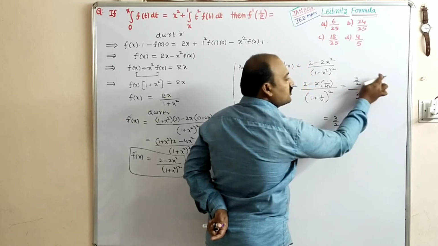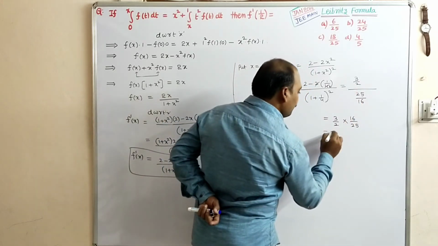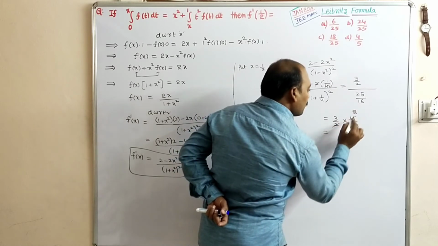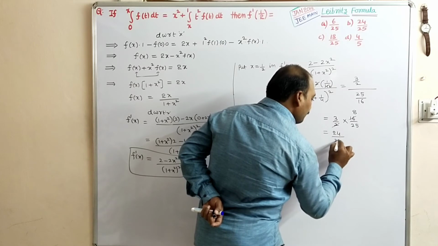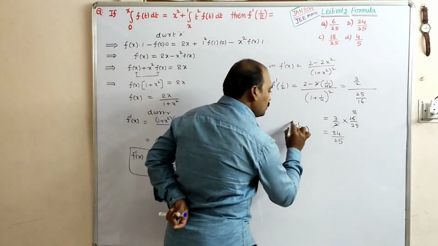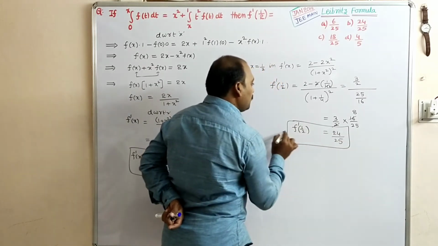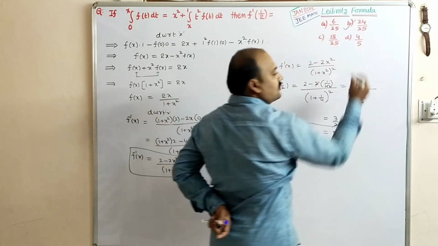Whenever the denominator is a fraction, interchange the numerator and denominator. So 2 ones are 2, 8 threes are 24, divided by 25. Therefore, f dash of 1 by 2 is equal to 24 by 25, which is there in the second option.